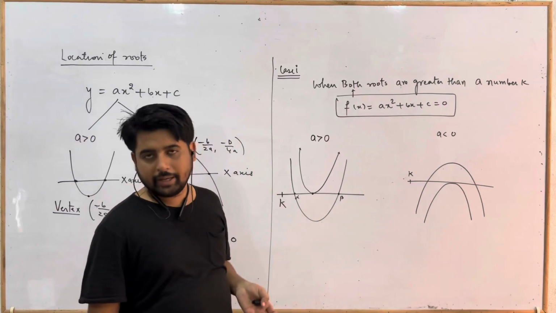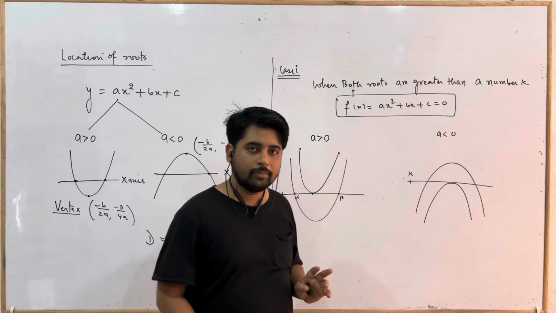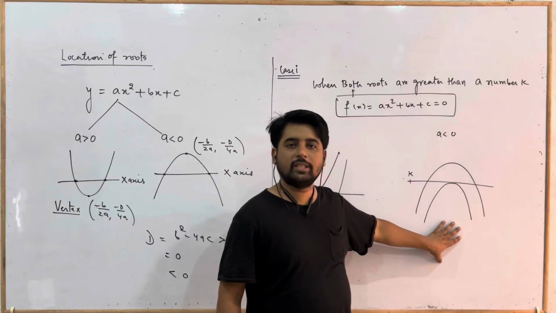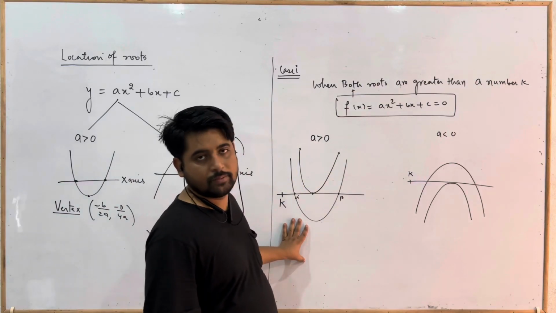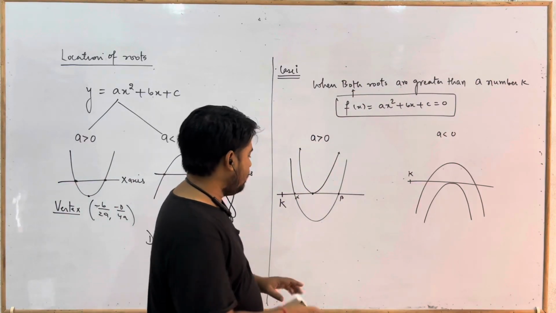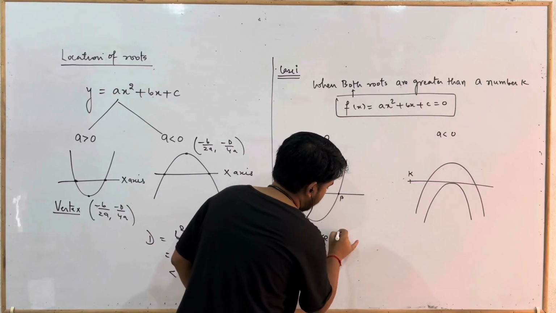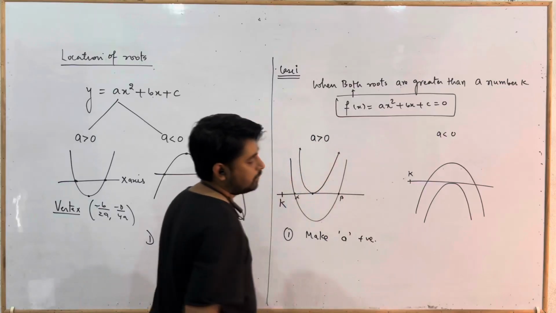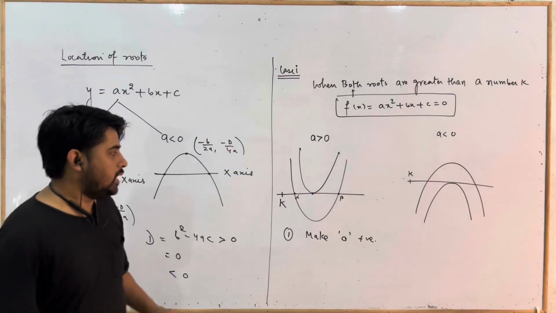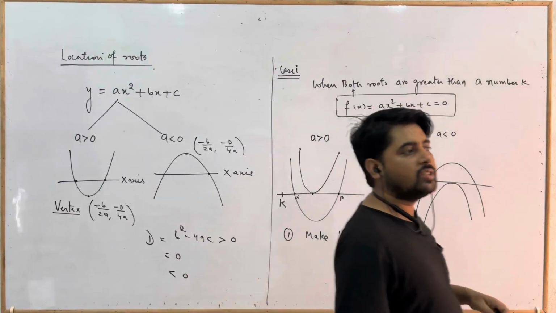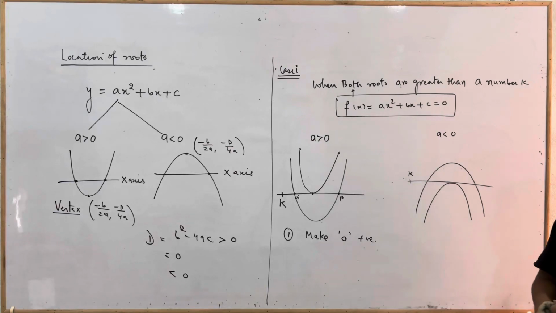What benefit will I get? When I make a positive, I do not have to deal with this case. I will deal only with this case. So the very first thing, I make a positive. Now to describe this graph, I am writing some inequalities in algebraic form.